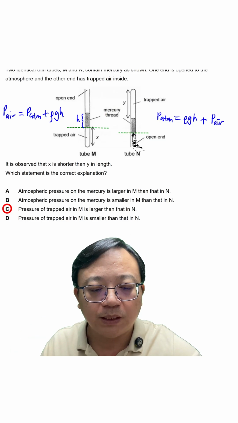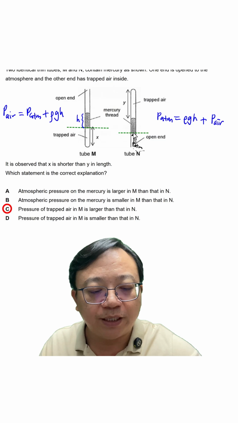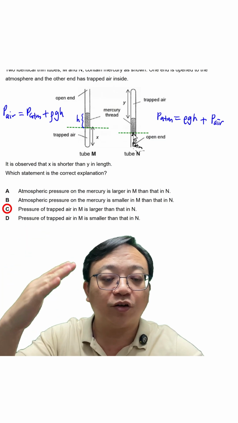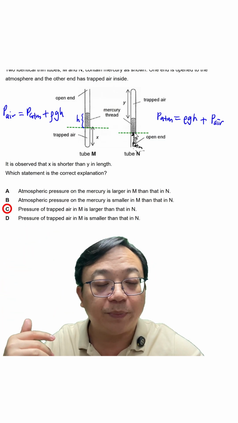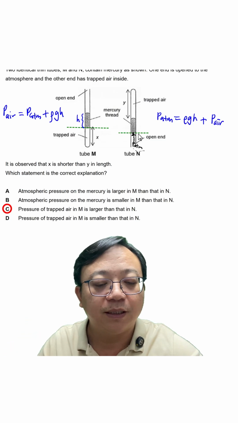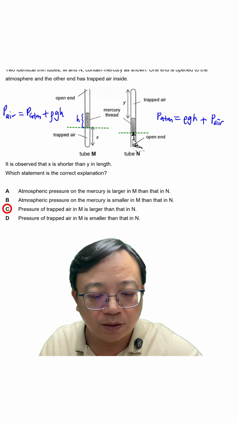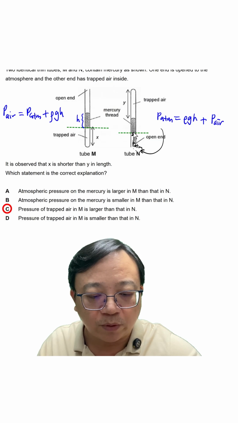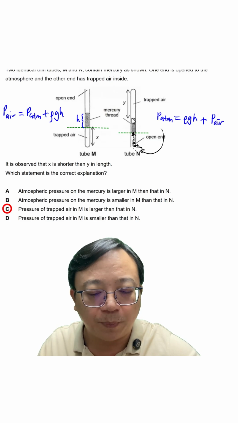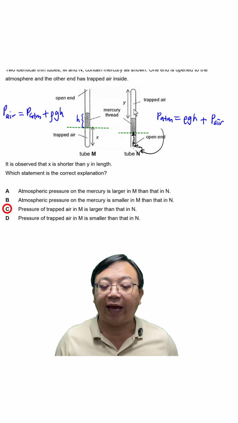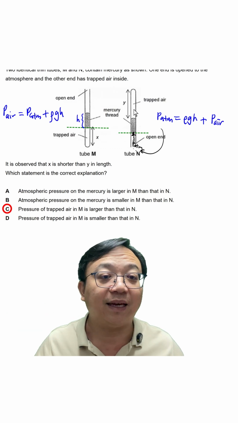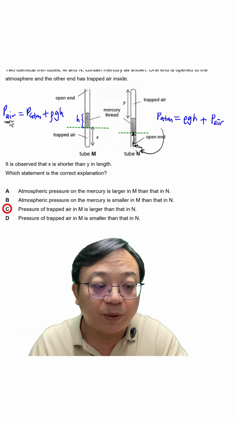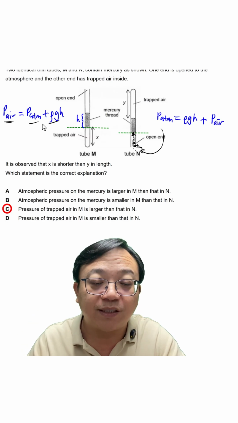Okay. But then we also learned that pressure here is due to everything on top, right? What is on top at this point? The mercury pressure and the trapped air pressure, right? That's why atmospheric pressure at this point is equivalent to rho GH of the mercury plus the pressure of the air. So tell me, which pressure is higher? Obviously, this pressure of the air is ATM plus rho GH.